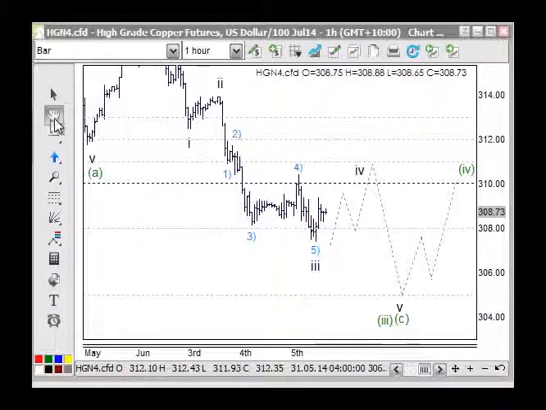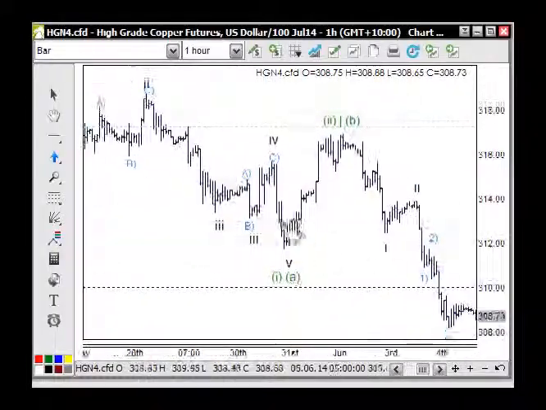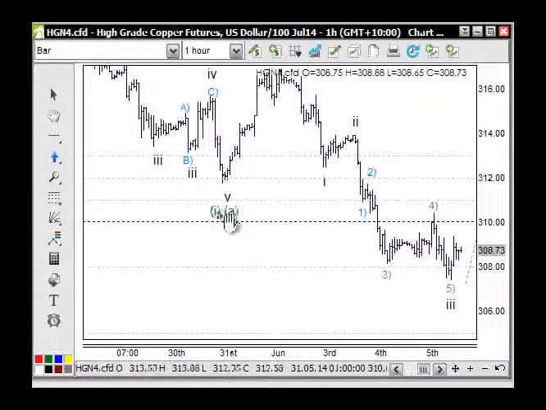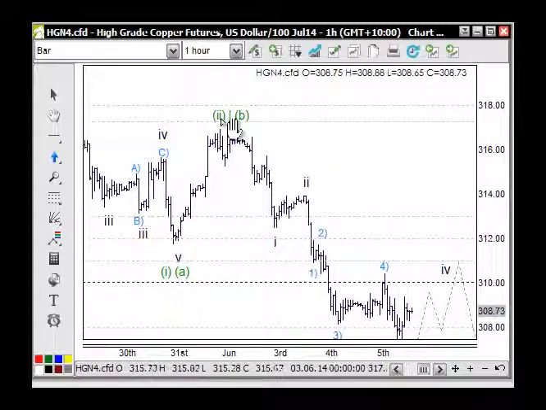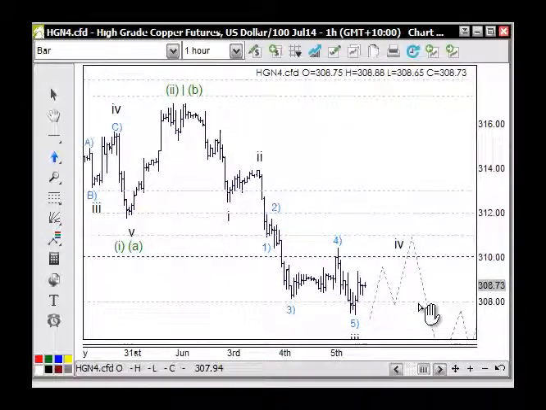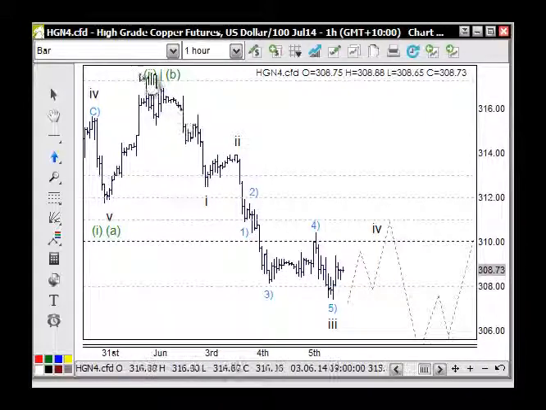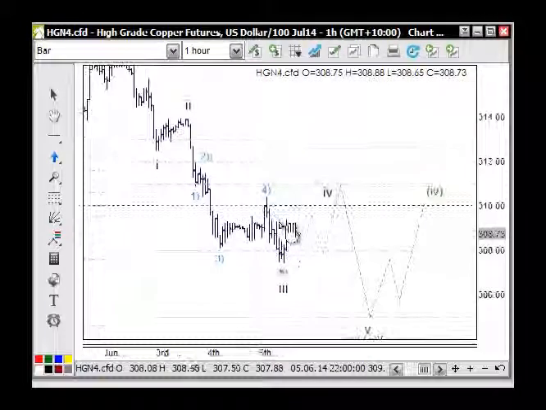So what we've been looking at through here is basically 5 waves down here for wave 1 or wave A, back for wave 2 or B, and then looking down here for 3 or C. And 5 waves would be looking at wave 1, wave 2, and wave 3 being the longest here. And I think this is the best fit, the 1, the 2, the 3, the ABC for the 4th here, and the 5th here.